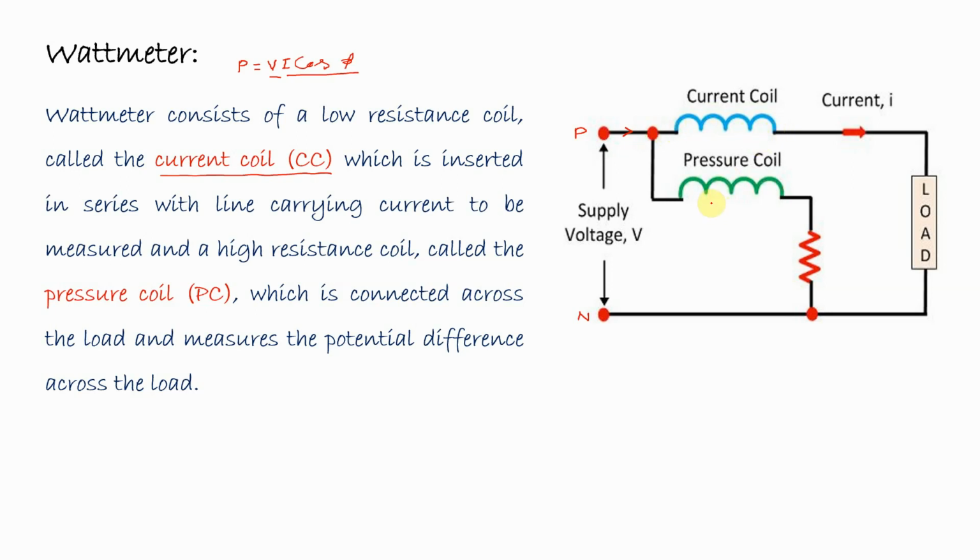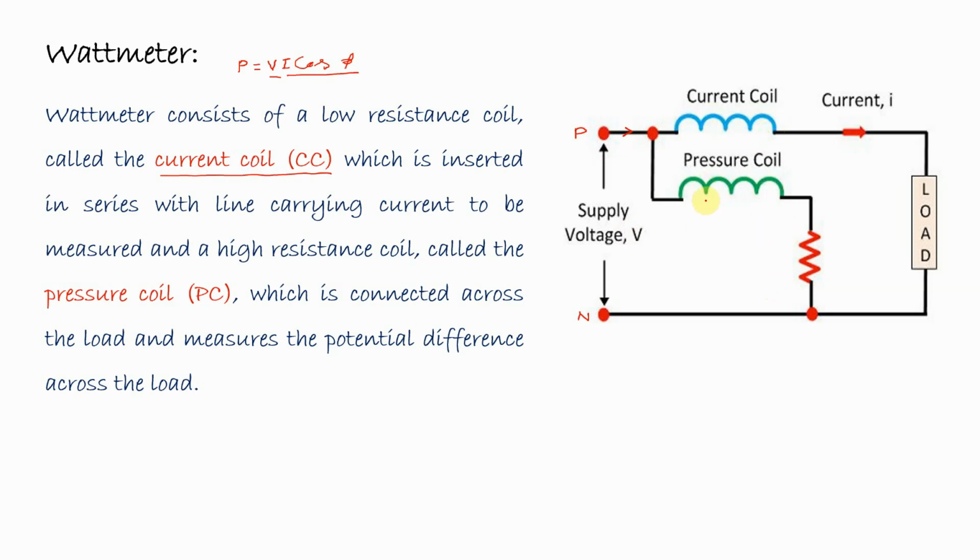The pressure coil, with more turns and a high resistance, is connected across the load, so that the pressure coil will measure the voltage that is applied to the load.